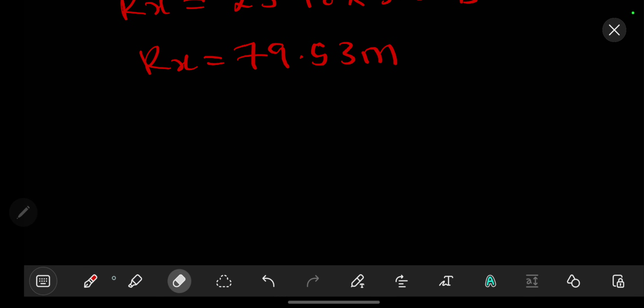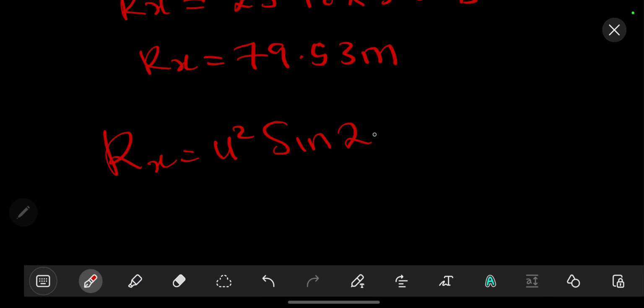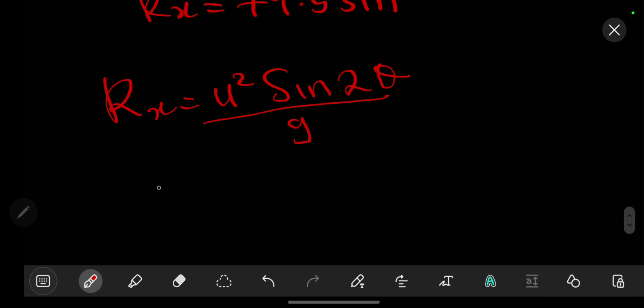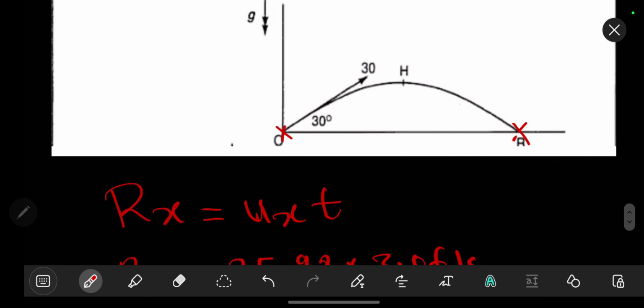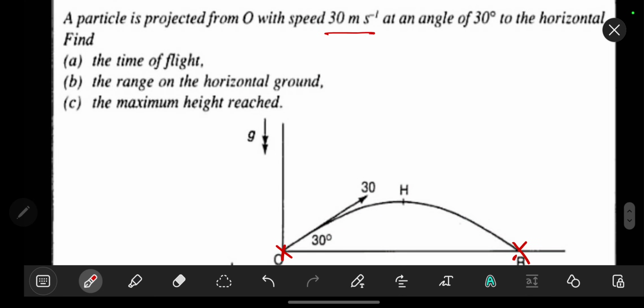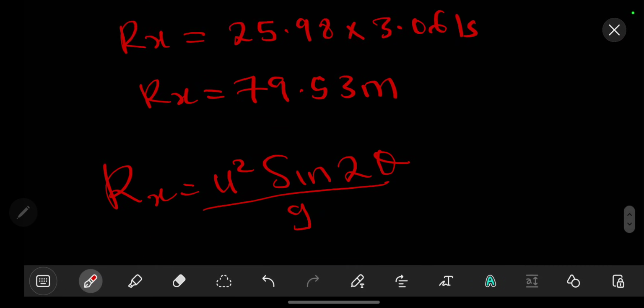Alternatively, we can say range should be equal to u squared sine of 2 theta over g. So this formula will give rx. Now this u is the initial velocity of projection. In this case, it is equal to 30, whatever velocity of projection you have.